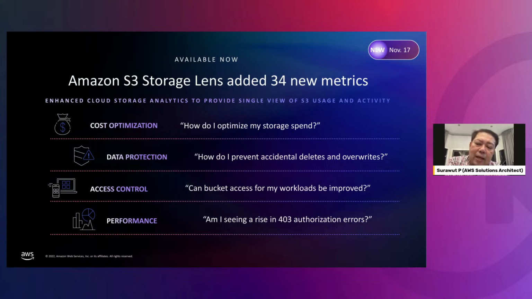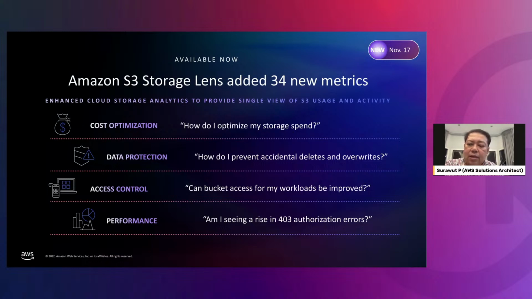There are two parts. The first part is free of charge, so you can run a cost optimization report, delete marker storage, incomplete uploaded data, or object count within the last 7 days. Data protection: do you encrypt it or enable multi-factor authentication when deleting? You can verify this policy.